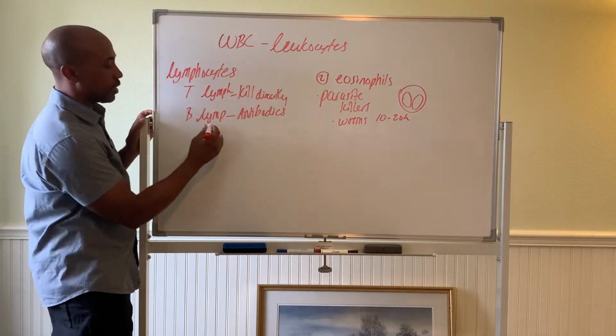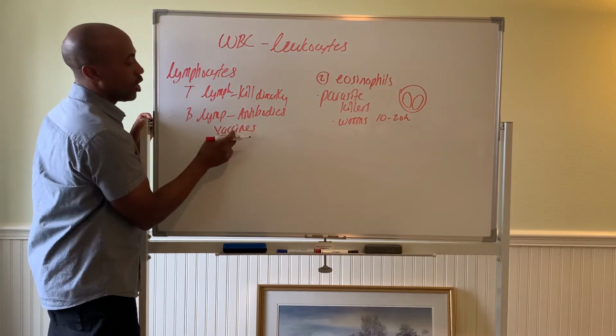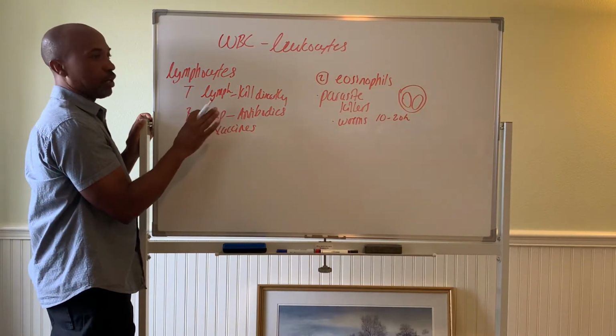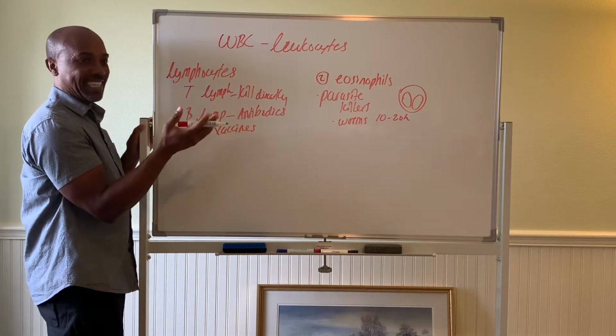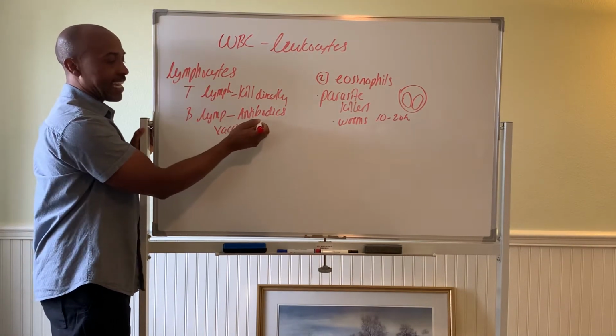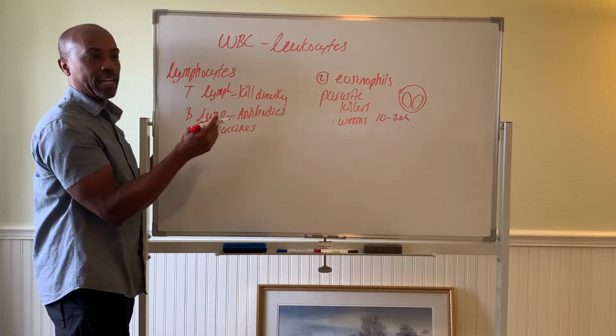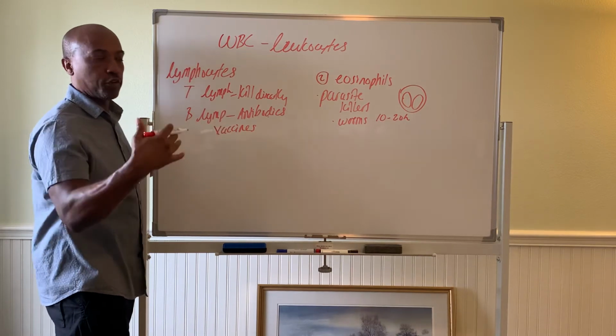This is what typically happens when you get a vaccination. Vaccines will expose your body to a mild form of the disease, and then your body will make antibodies against that pathogen, and will be able to more effectively fight it off when you get it for real in its full form.